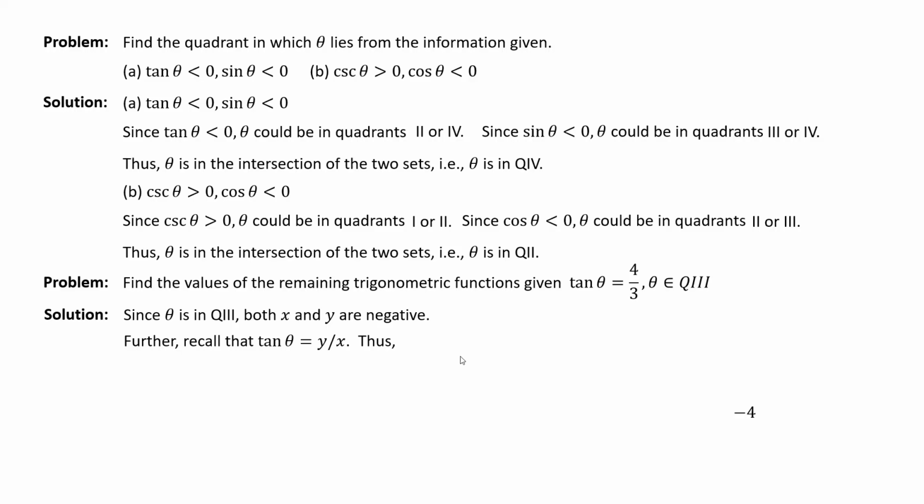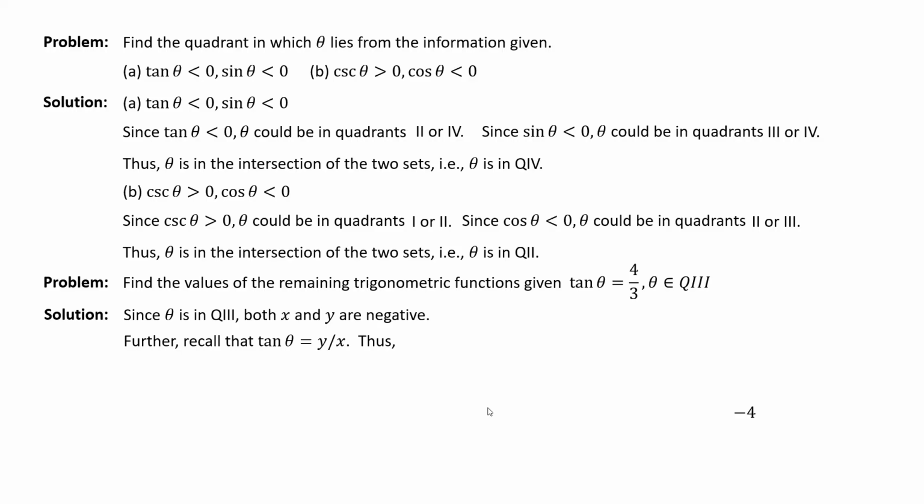Let me repeat just once more for those who may not have got it. Tangent theta, we are given that it is 4/3. We know tangent theta is y over x. So can we say y over x is 4 over 3, and so y is 4 and x is 3?